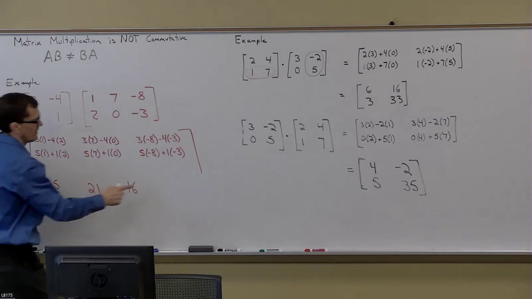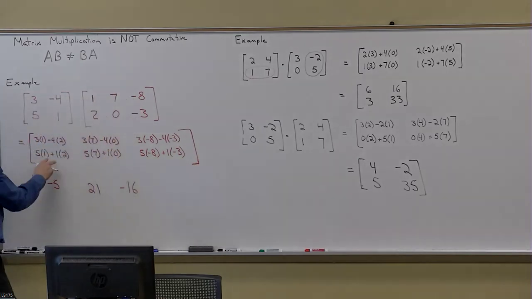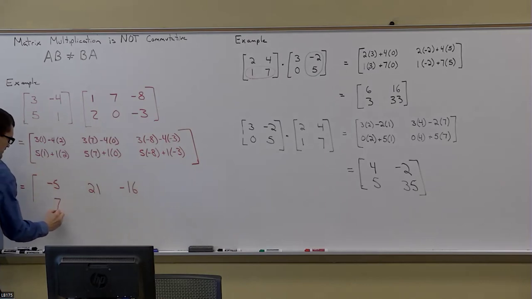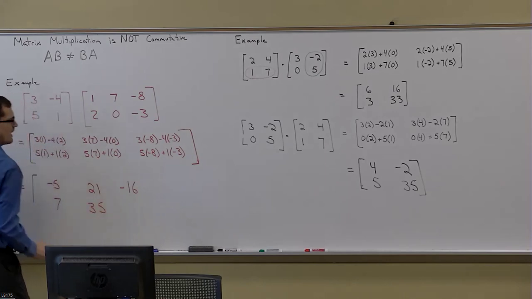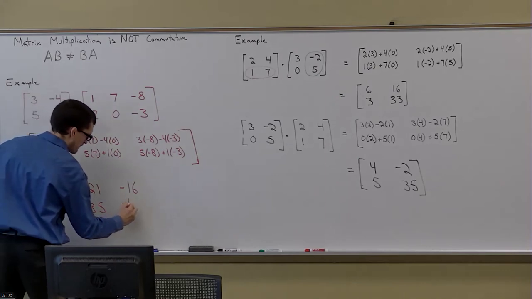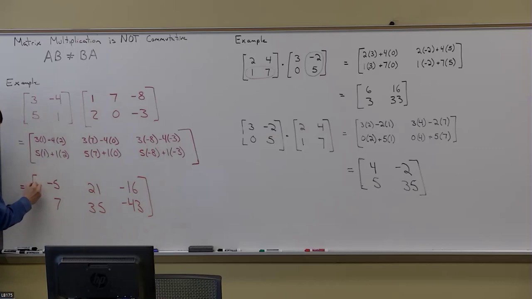If you calculate all of those, the first entry in the second row is 7, the second entry is 35, and the third entry in that second row is -43. So that's the final matrix.